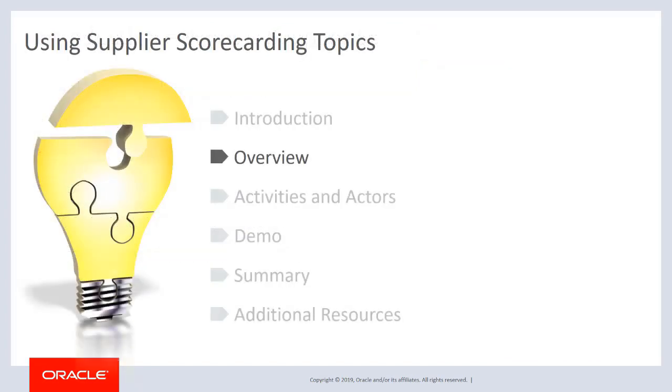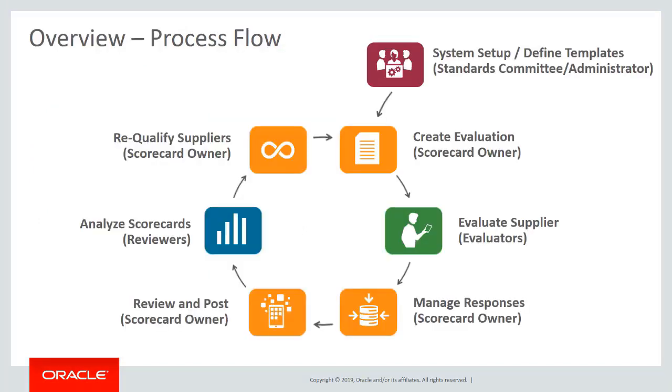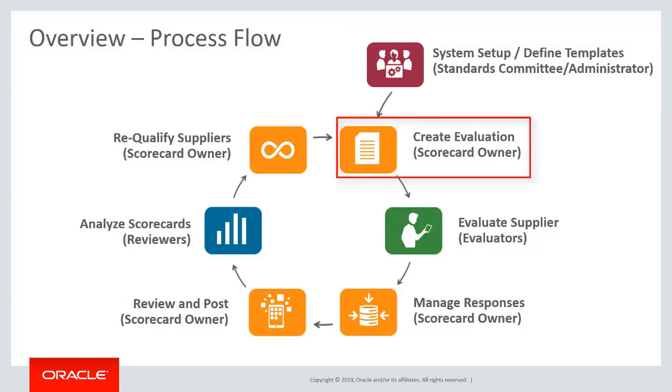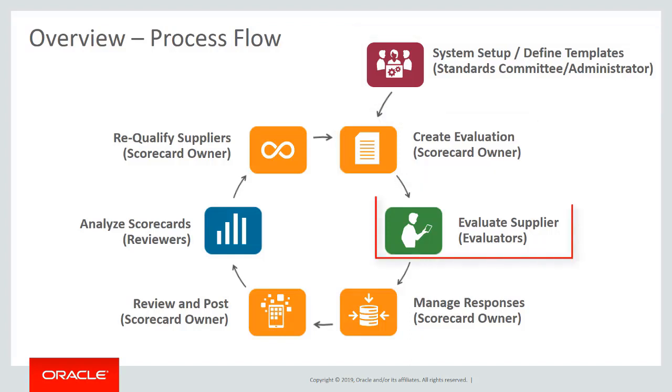Let's look at the overall Supplier Scorecarding business process flow. This diagram represents the complete business process flow for scorecarding. The process begins with the definition of setup data and then the creation of templates to be used as a basis for the supplier evaluations. After evaluations are created from the templates, they go to various evaluators for their responses.